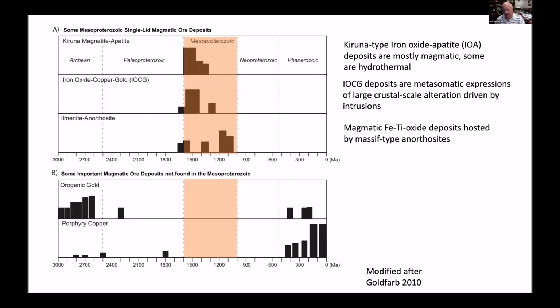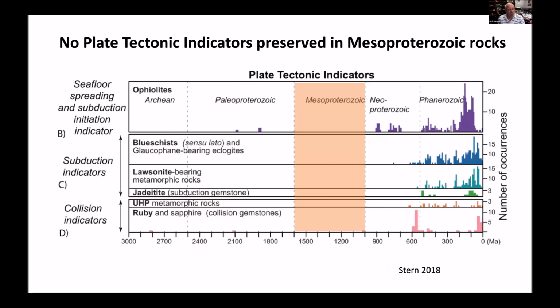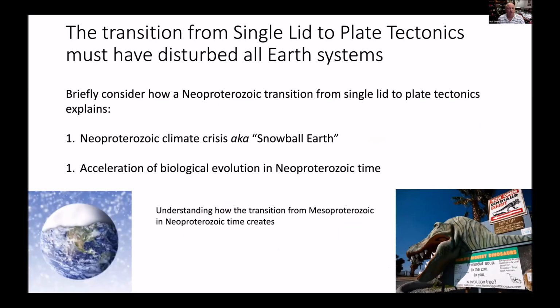So strictly from an economic point of view, there's no question that the Mesoproterozoic was fundamentally different than what we see in Neoproterozoic and younger time. Again, there are no plate tectonic indicators preserved in Mesoproterozoic rocks.